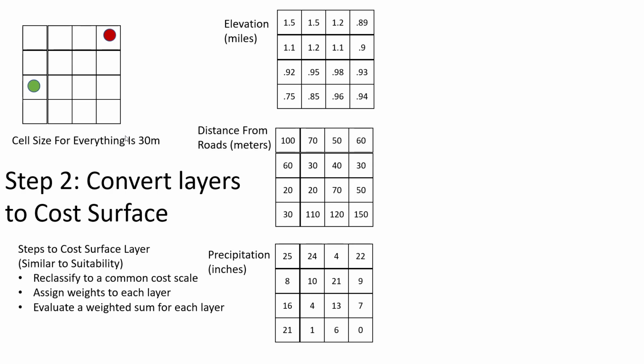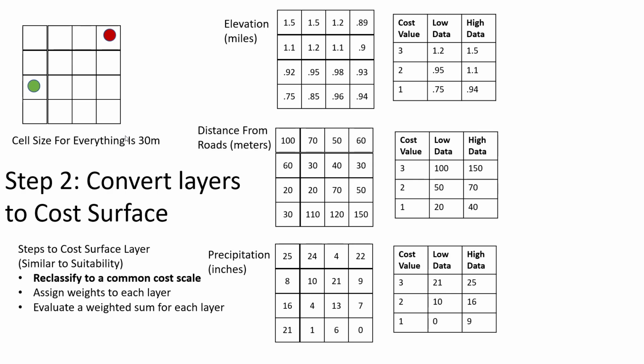So this is where things are different from suitability. When we talked about weighted overlays and suitability, we talked about that suitability scale. We're applying the exact same concept here, except instead of a suitability scale, we have a cost scale.